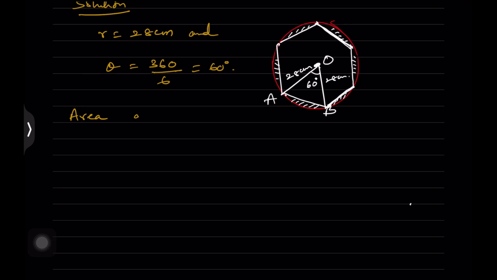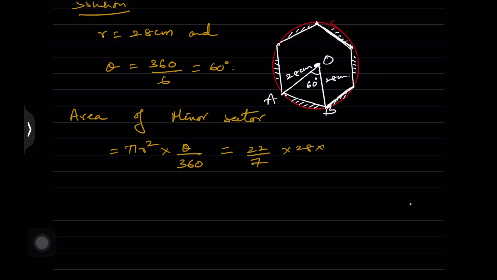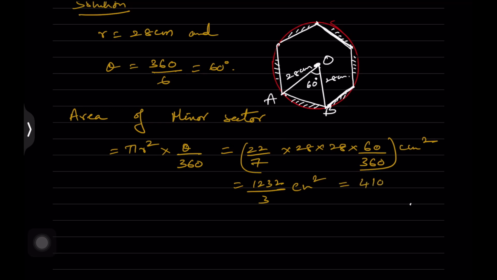So area of minor sector is equal to pi r square into theta by 360, which is equal to 22 by 7 into 28 into 28 into 60 by 360 centimeter square, which is equal to 1232 divided by 3 centimeter square, which is equal to 410.67 centimeter square.